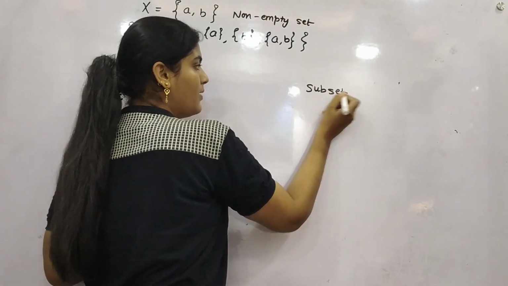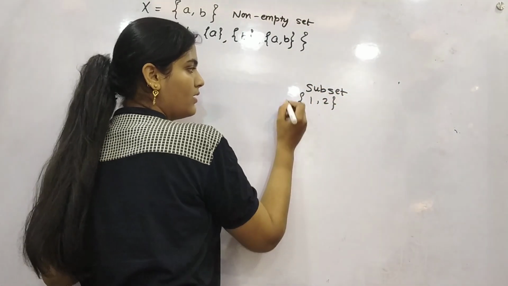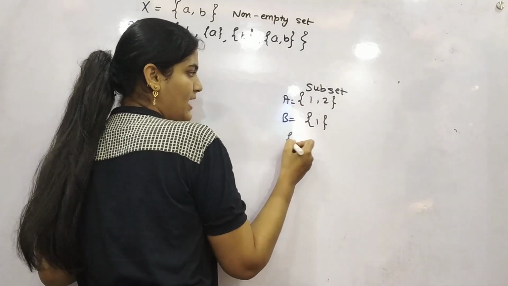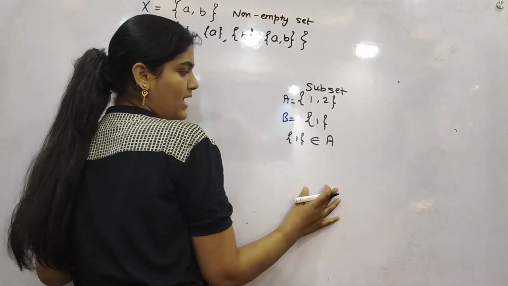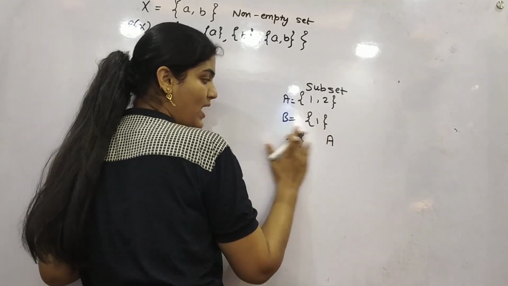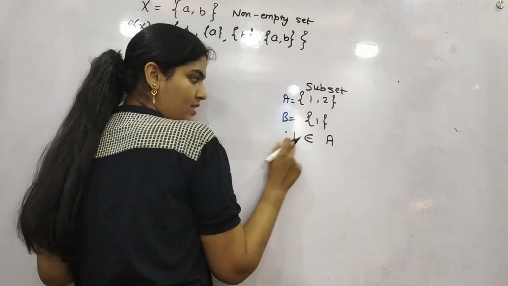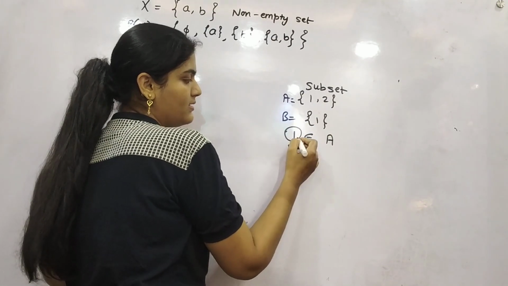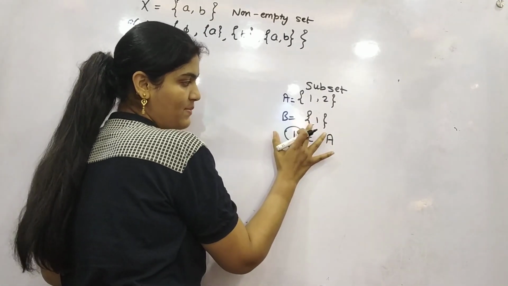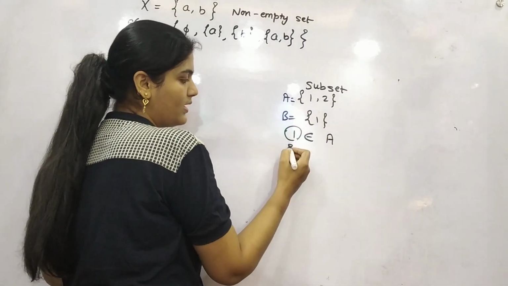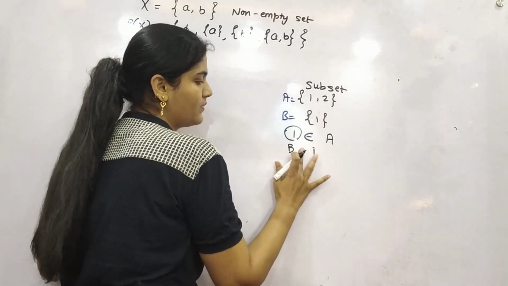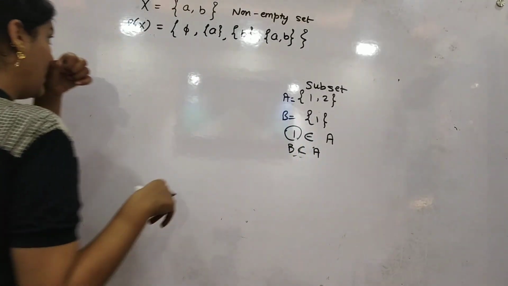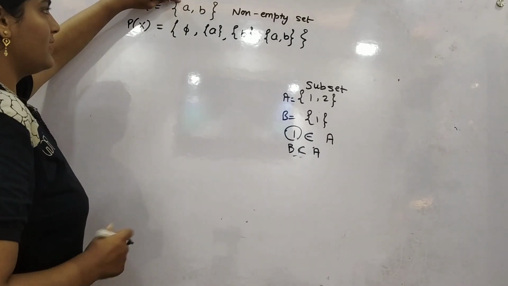Subset means, let's say you have 1, 2 as a main set and you have 1 only, because 1 lies in A, so 1 belongs to A. The set which is having the element 1 is a subset of A. Similarly, obviously the null set is there.